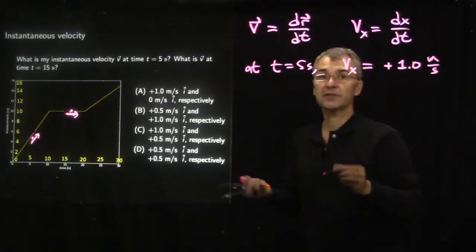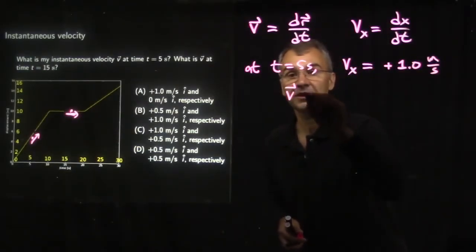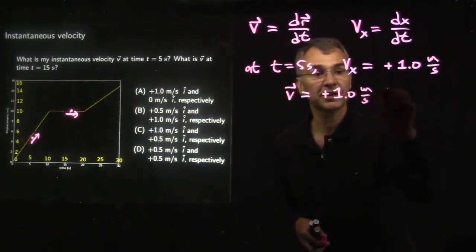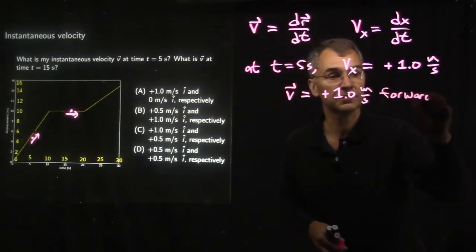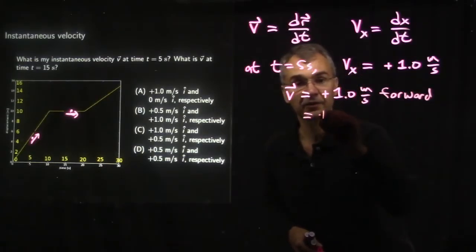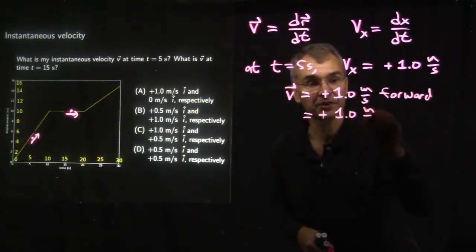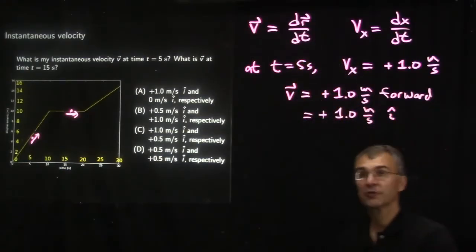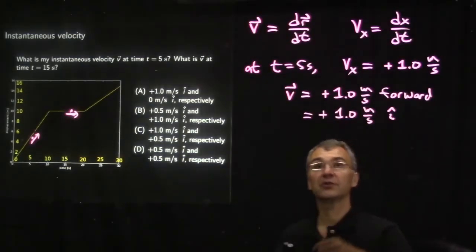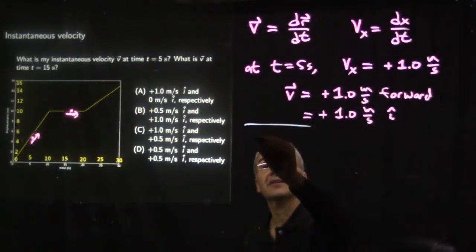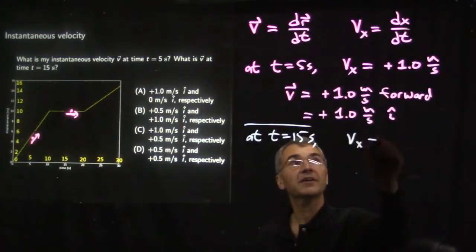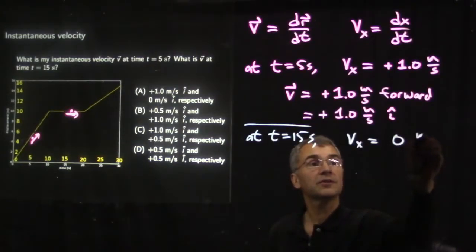So that's the only component that there is. Therefore, v is plus 1.0 meter per second forward, or you could say it is plus 1.0 meter per second I hat if you want to use the textbook's unit vector notation. At t equals 15 seconds, v sub x is 0 meters per second.